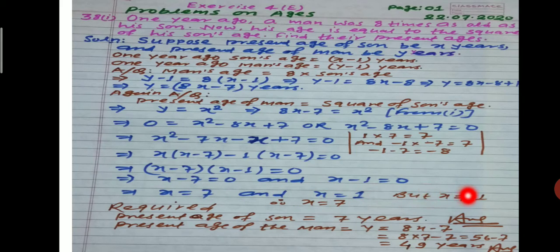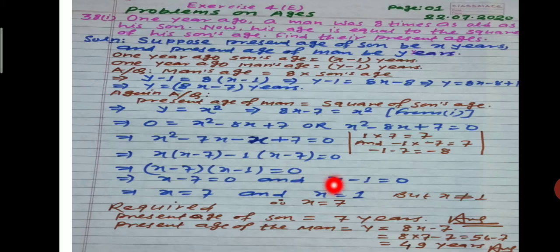But x can't be equal to 1, because when we put x equal to 1 here, then the value of y will also be equal to 8 into 1 minus 7, that is 1. So the man's age and his son's age can't be equal. That is, the man's age will also be equal to 1 year and the son's age will also be equal to 1 year. This is not possible. So x will not be equal to 1.